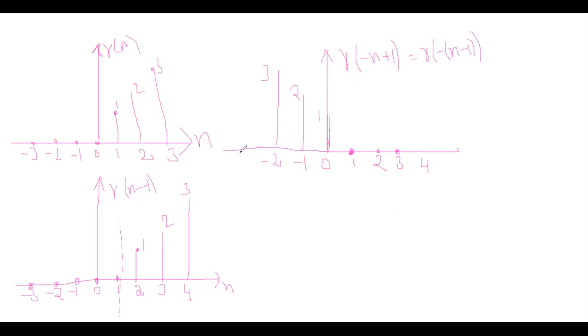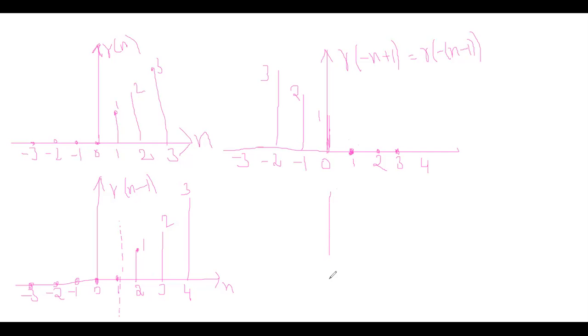Now you can see it is a shifted version of R of minus n minus 1, or R of minus n plus 1, only one sample shifted after the folded version.